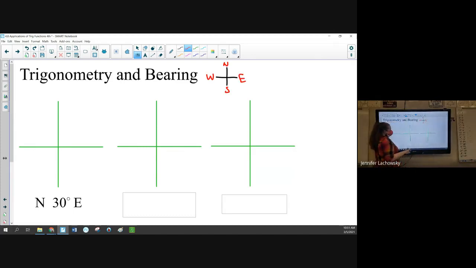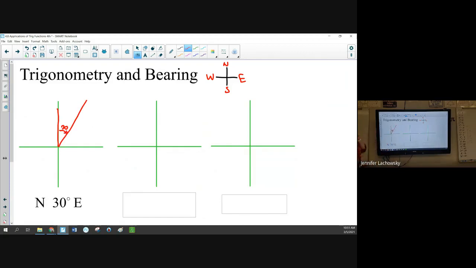West, east? Okay. I just remember it spells we. So for north 30 degrees east, we would go north, and then we would rotate 30 degrees east. And so the bearing would put us on that line. My 30 degrees is a little too large. Somewhere in there.